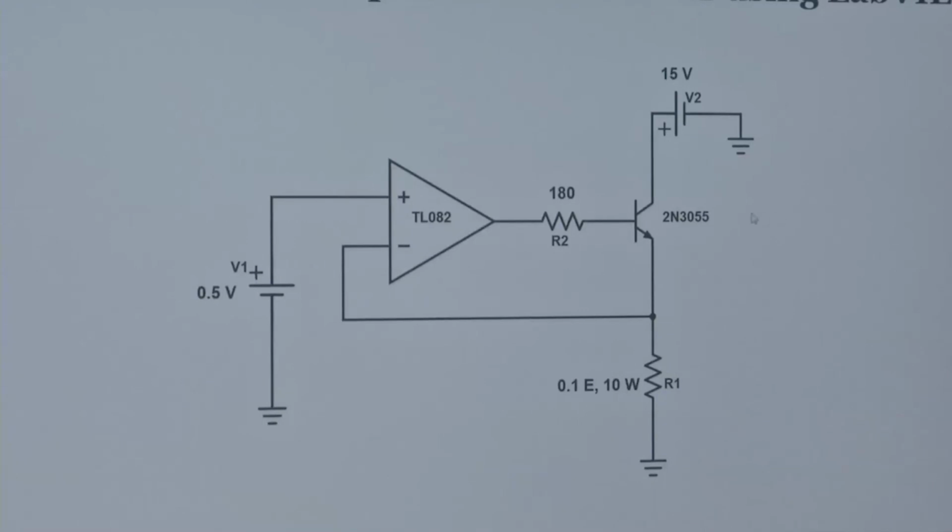As a result, what about the rest, the 14.5 volts, right? Energy can neither be created nor destroyed. As a result, the remaining voltage will be dropped across the collector and emitter junctions of the transistor.